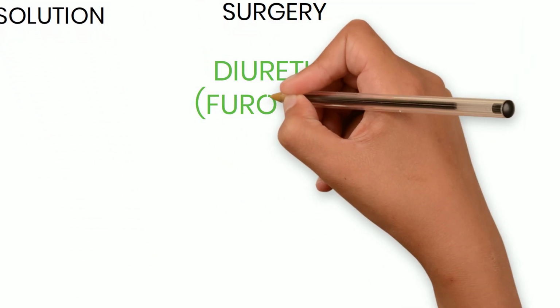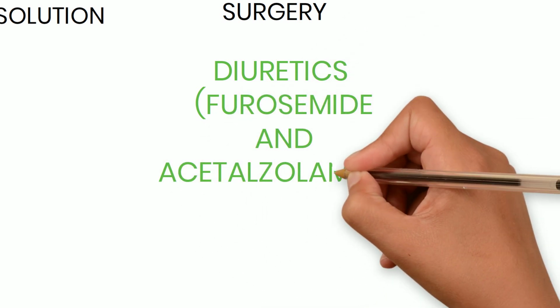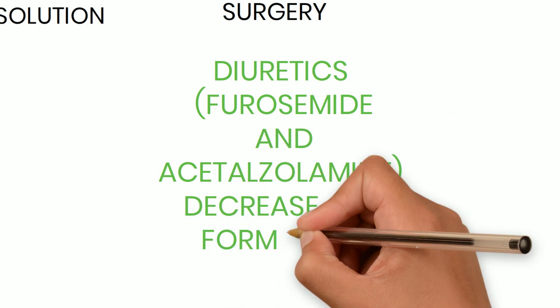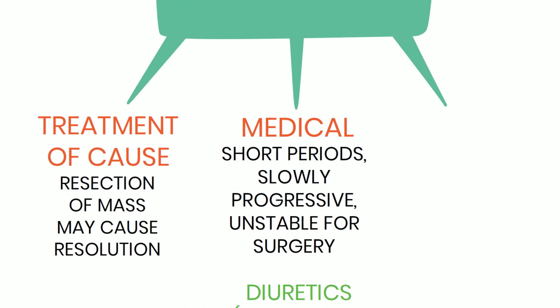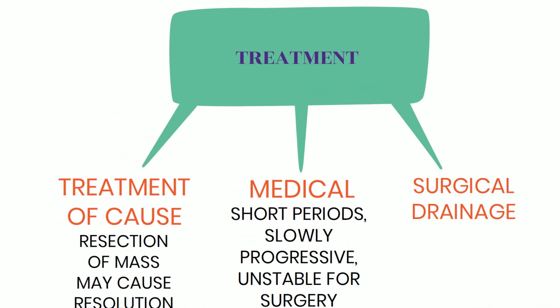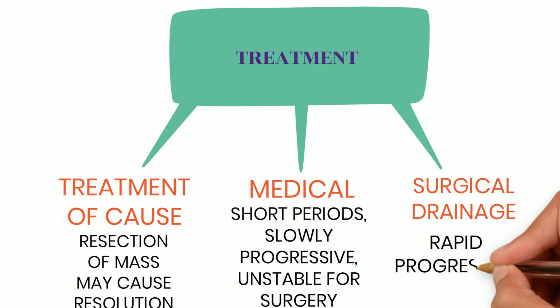Diuretics like furosemide or acetazolamide are used. The mechanism of action is by decreasing CSF formation. Finally, surgical drainage. It is indicated for rapidly progressive hydrocephalus.